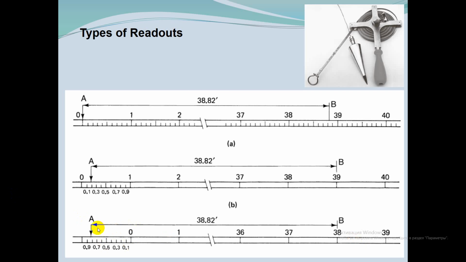Distance AB is determined by holding 38 feet at B and reading 0.82 at A. Distance AB is 38.82 feet. Also, you can read 38 feet at 0.82.